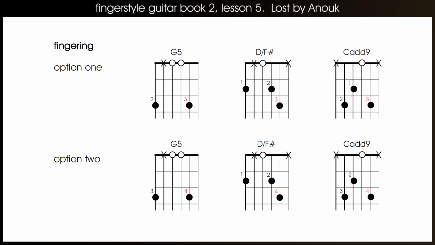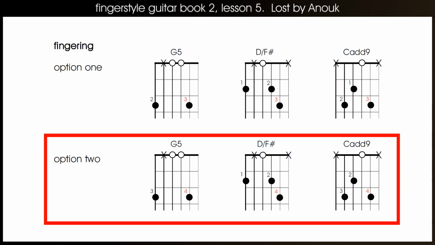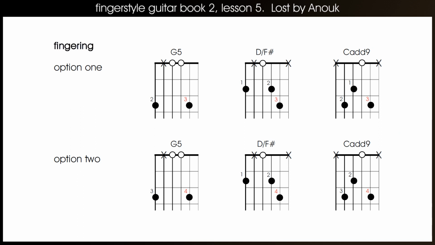To play this tune, I'd usually use option 2 with the 4th finger on the 3rd fret of the B string, leaving the 1st, 2nd and 3rd fingers free to do everything else. However, when I was filming this, I have found that the resting position of the 3rd finger obscures my other fingers. So I'm using the 3rd finger to finger the 3rd fret on the B string so that you can see clearly what I'm doing.